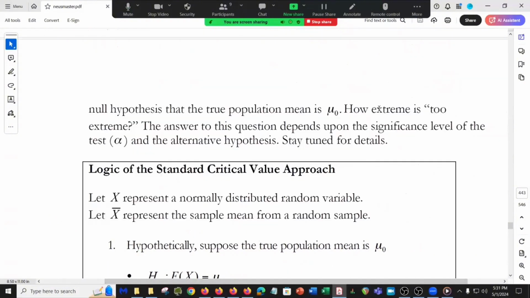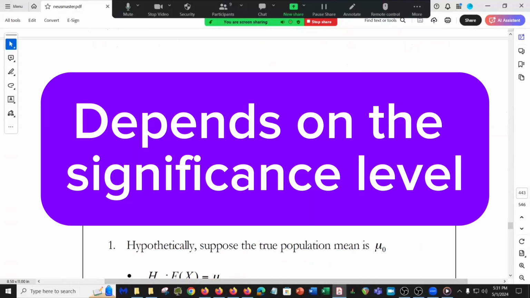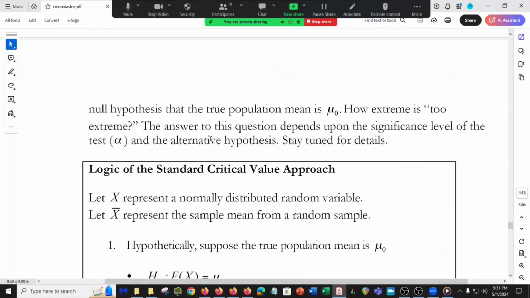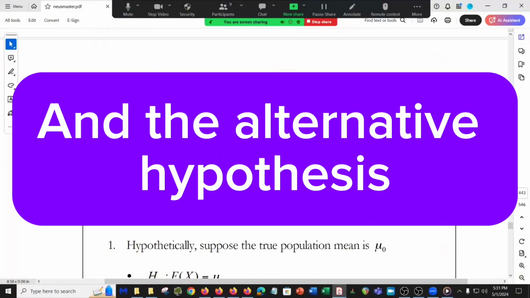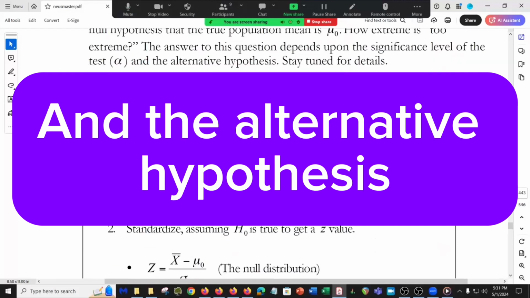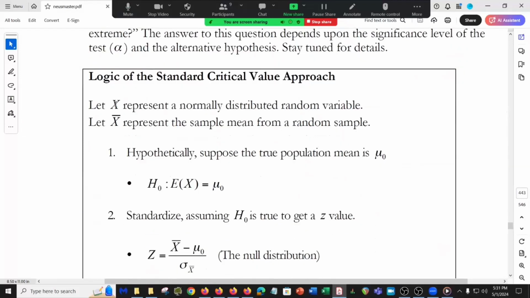Now, how extreme is too extreme? The answer to this question depends on the significance level of the test, and as I mentioned before, the alternative hypothesis. Now, let's look at the logic of the standard critical value approach. Let's let X represent a normally distributed random variable, and let X bar represent the sample mean from the random sample.